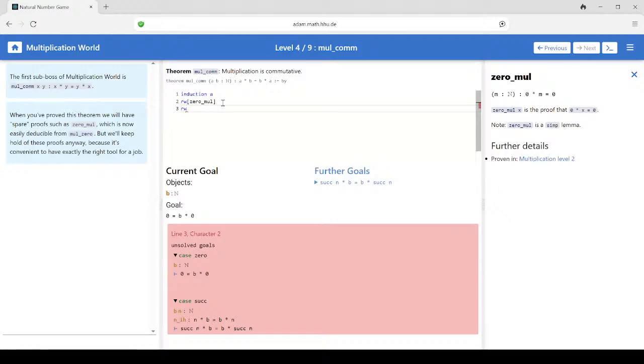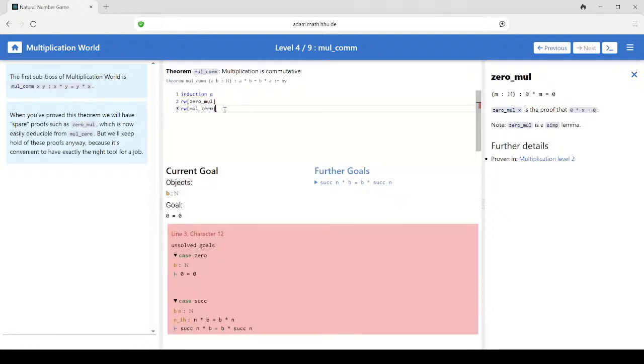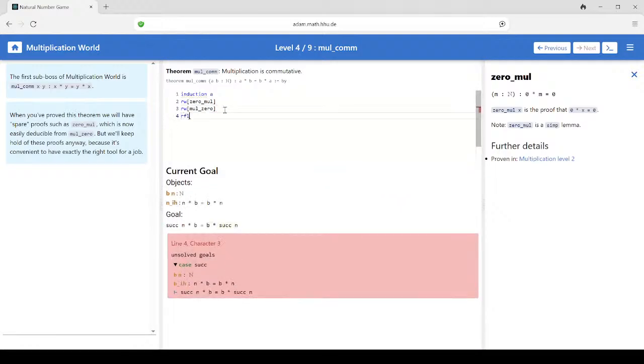Rewrite multiply 0 and reflect. Now we need to prove the case in which a is a number, the successor of n.